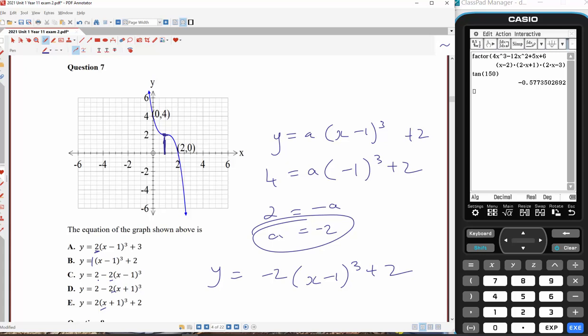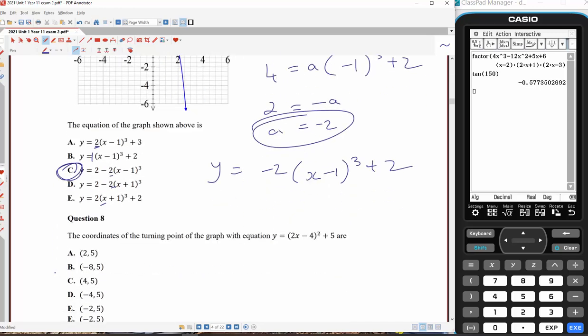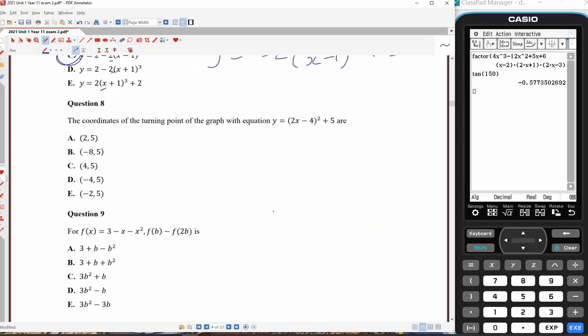This looks the goods. 2 take away, yeah, there's our winner. The coordinates of the turning point of the graph with the equation are, okay, so a lot of you will pick 4, 5 as the answer to this, but it's not.